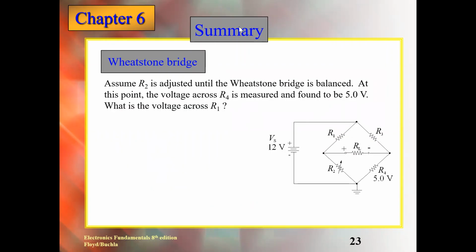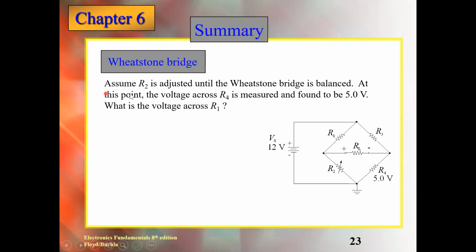Wheatstone bridge. Assume R2 is adjusted until the Wheatstone bridge is balanced. So we are assuming that we are adjusting this one and it is balanced now.